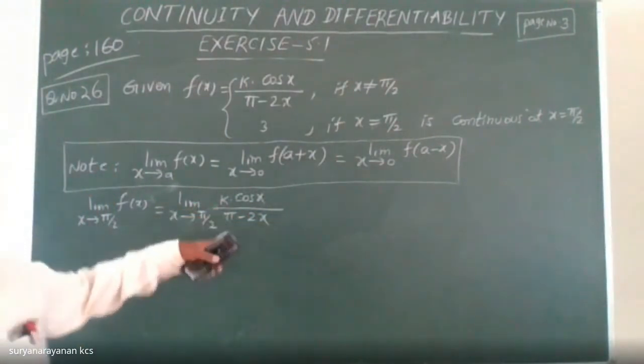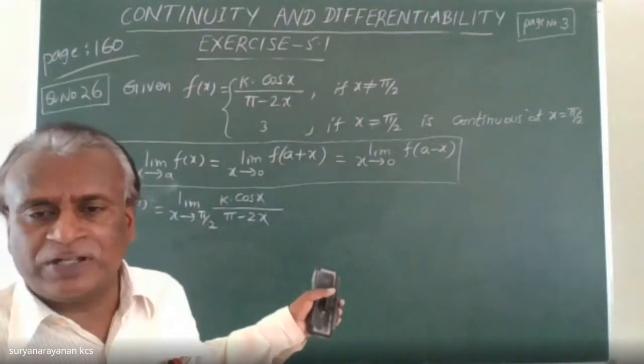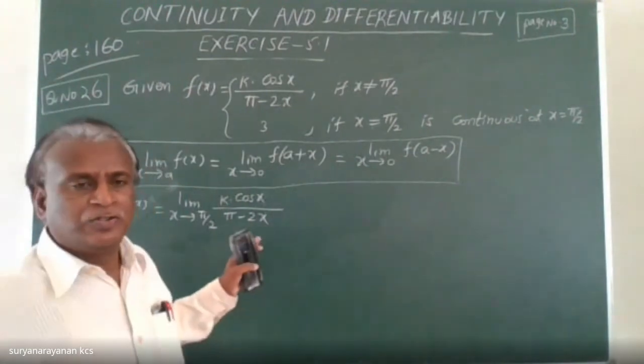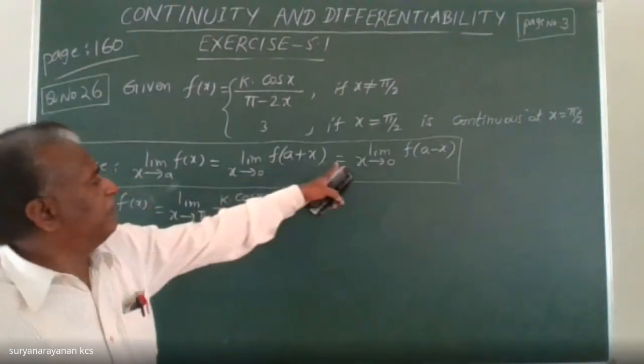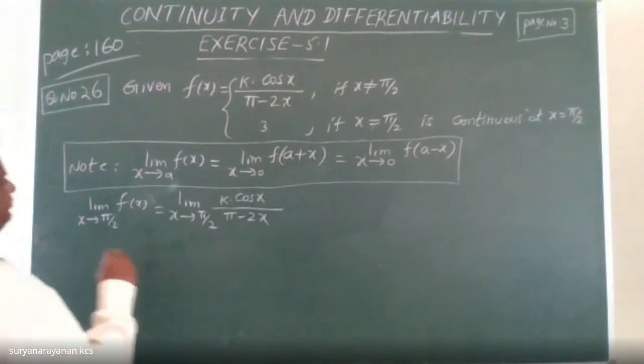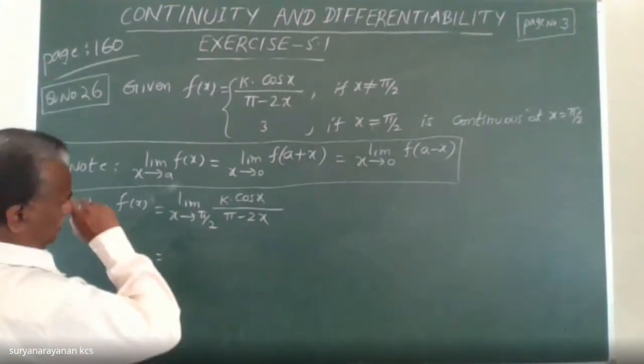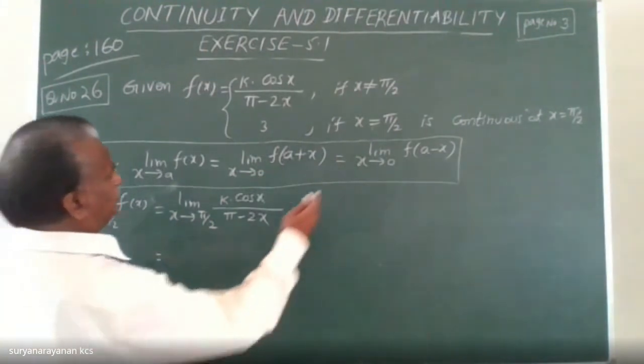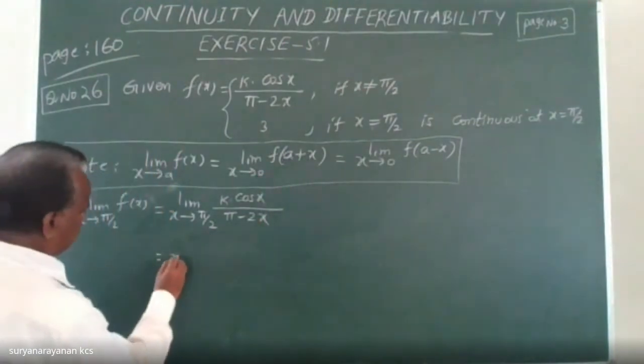If you follow the direct substitution method, you get 0 by 0. That is why we use any one of these two. You can use this one or this one as x tends to 0.